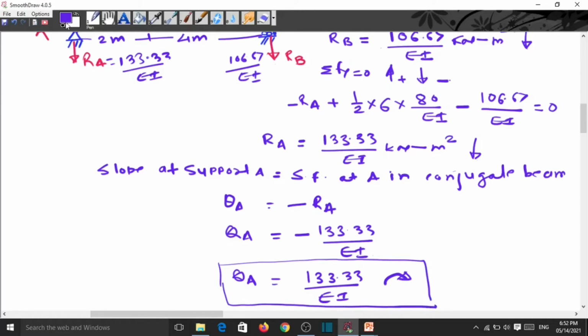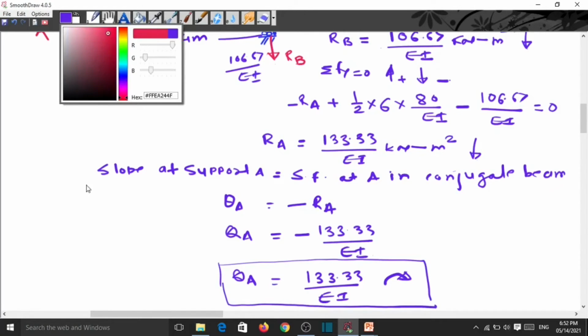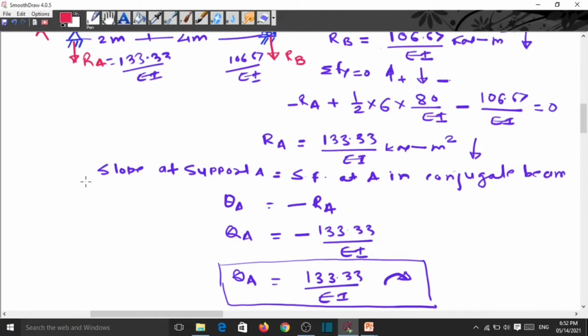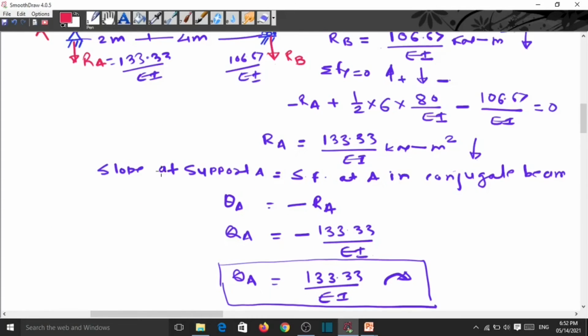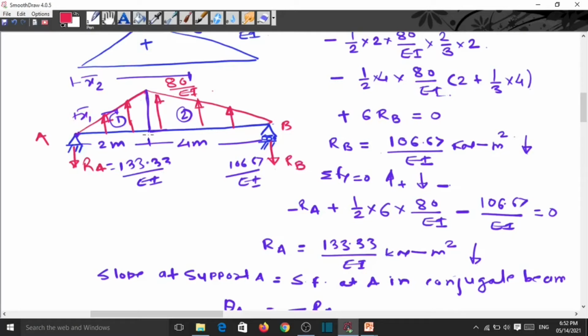The next is to find the maximum deflection. From this point, suppose this point is C. This maximum deflection occurs between this BC section.